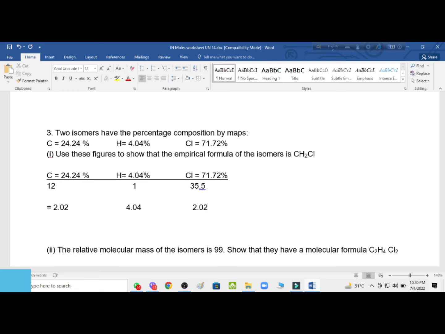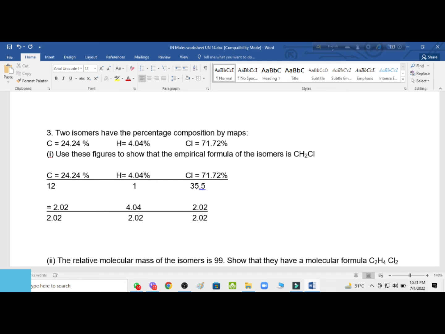Okay, so these are the moles of the atoms, and we're going to divide all of them by the smallest one, which is 2.02. And for this 2.02, and the last one is the same, 2.02. So what would you get? This gives 1, this gives 2, and this gives 1.